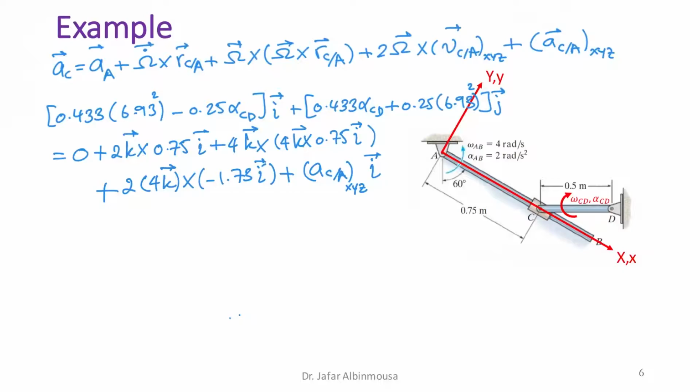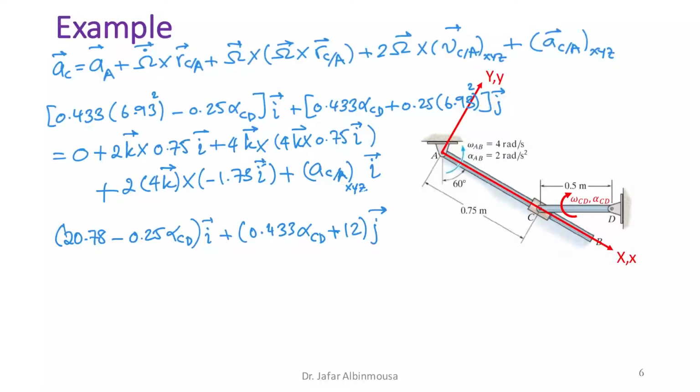Now we need to clean this up, so we add all similar components together and we will have 20.78 minus 0.25 alpha CD, and this one is an I component, plus 0.433 alpha CD plus 12, and this is the J component.